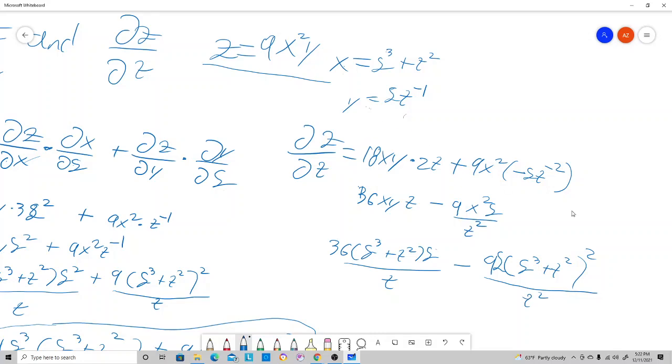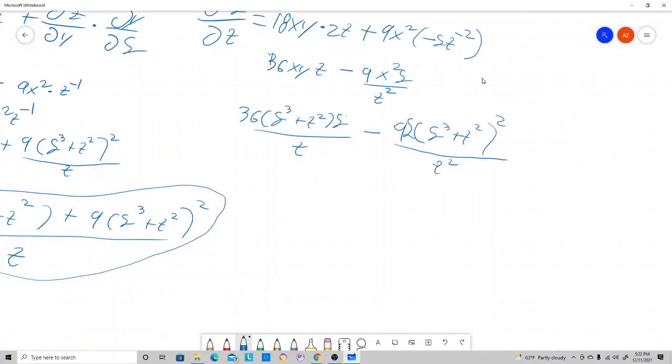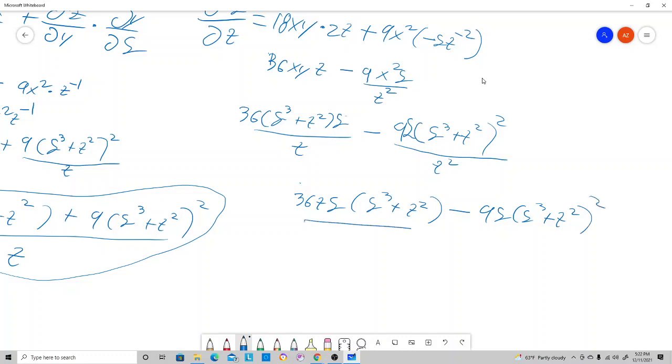Now if we want to make it a little neater, we have a t squared in both, so we can say 36 t s times s to the third plus t to the second, minus 9s times s to the third plus t to the second squared, all over t squared.